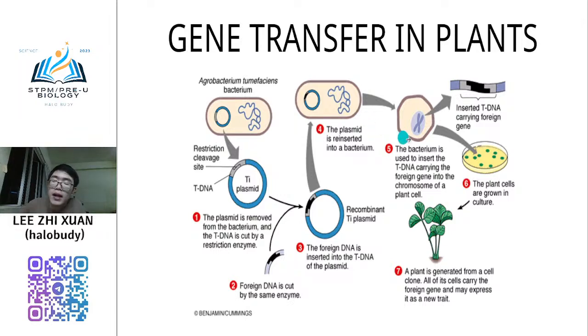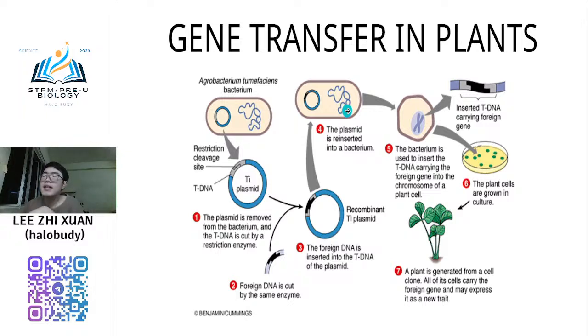It will directly transfer, the bacterium will be transferred to the plant cell. You see here, the bacterial cell is used to insert T-DNA carrying the foreign gene into the chromosome of a plant cell, meaning that this bacterial cell will be inserted into the plant cell.